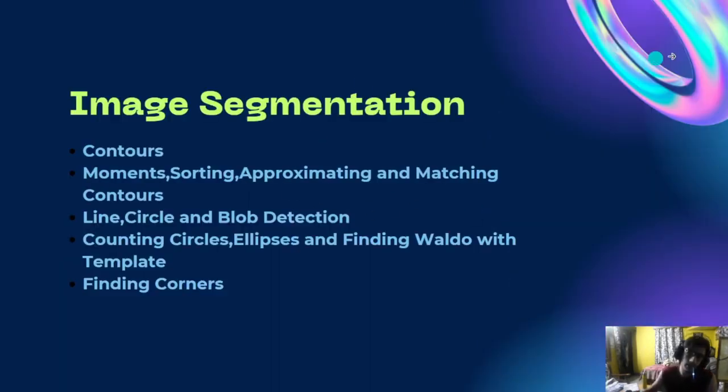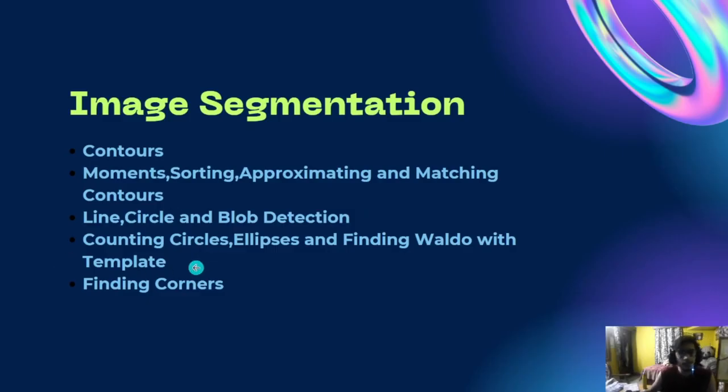In this lecture, we will first cover what contours are, how to add contours to our image, and what the hierarchy of contours is, etc. After that, I will teach you what a moment is and how we can use moments for sorting, approximation, and matching.